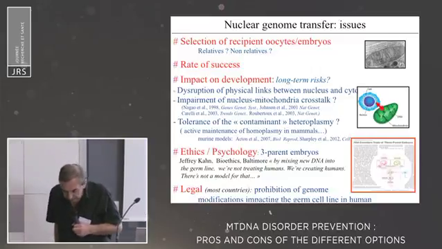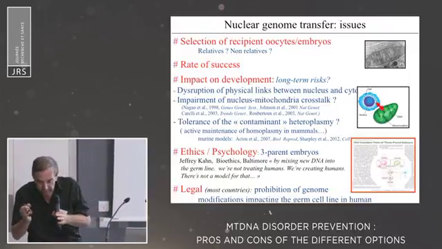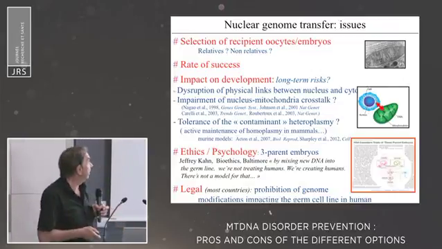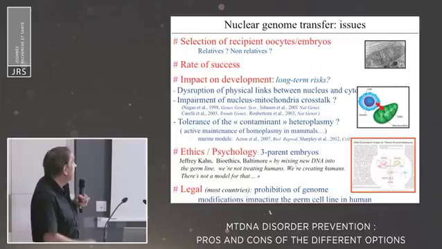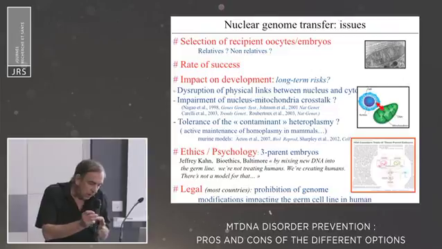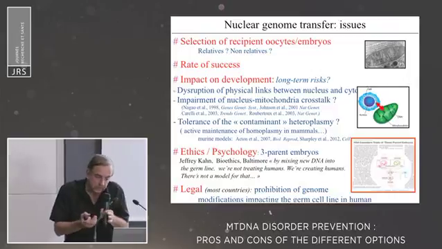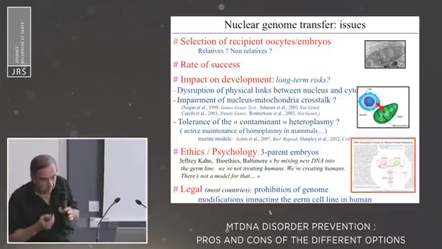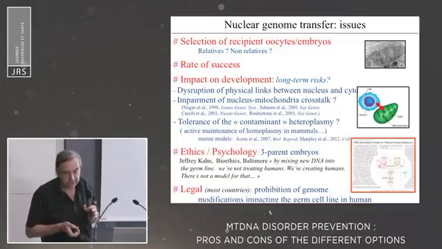Andy also mentioned the impact on development. I mentioned the disruption of physical links between nucleus and cytosol that are poorly known, impairment of the nucleus-mitochondria crosstalk, and also tolerance of the contaminant heteroplasmy, since when you are picking up a nucleus, you are exposed to artifactual transfer of mutant mitochondrial DNA that is then located in the recipient donor.